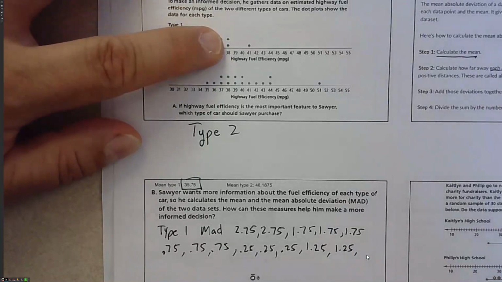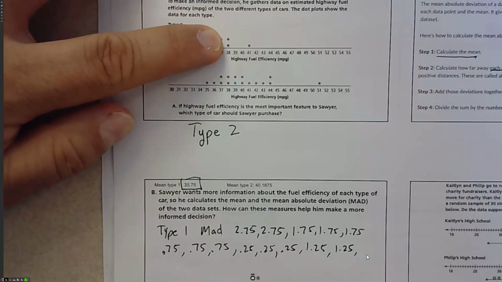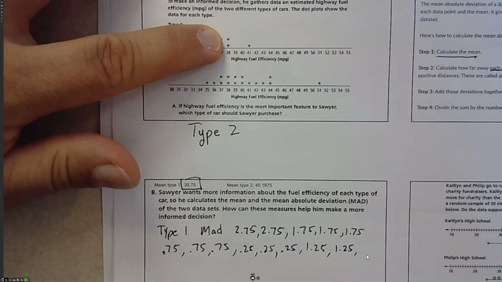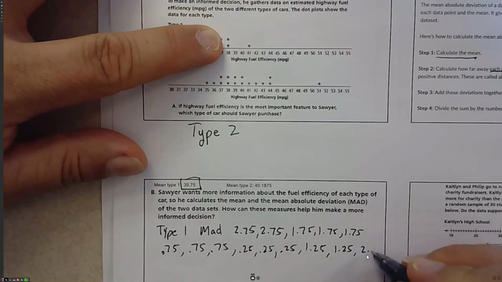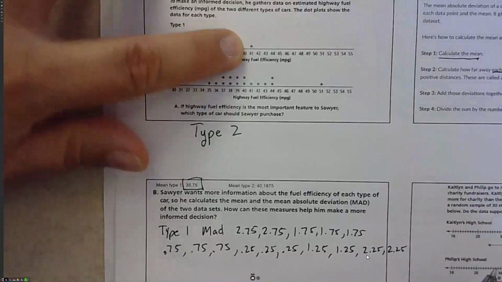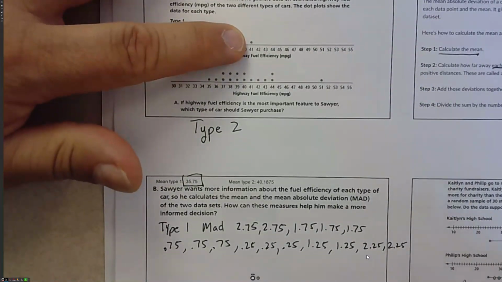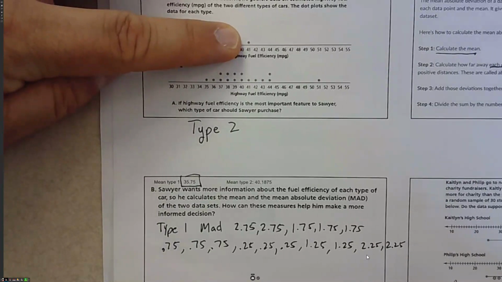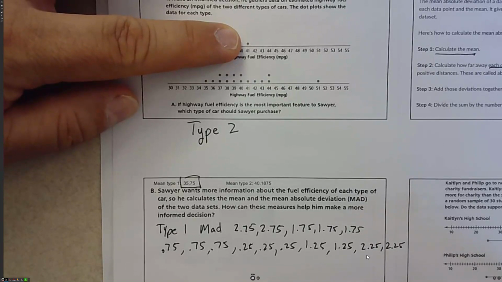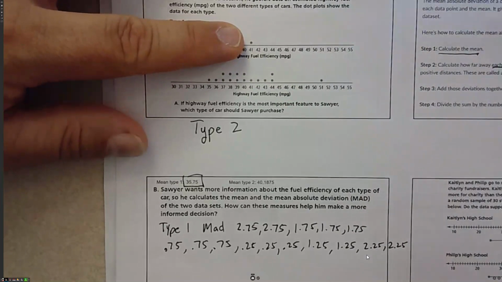And 38? 2.25. You could put these in your calculator, but honestly, it's not terribly hard to do in our head. 41 is how far away? I think it's 5.25.